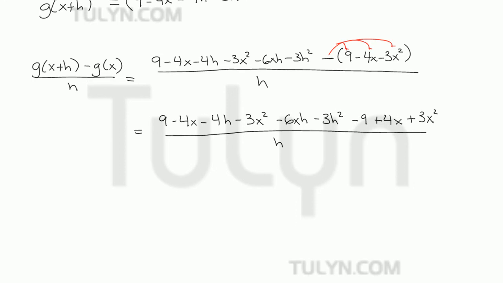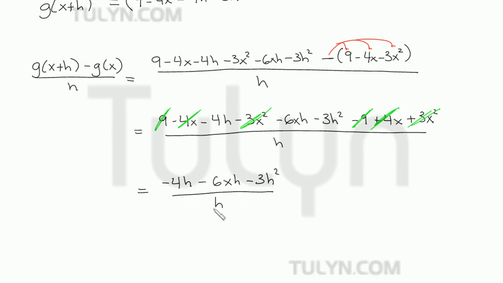Notice that there's a positive 9 and a negative 9 that when you add them up give you 0. Same thing with the 4x's, and same thing with the 3x squareds. So what's left over is minus 4h minus 6xh minus 3h squared over h.